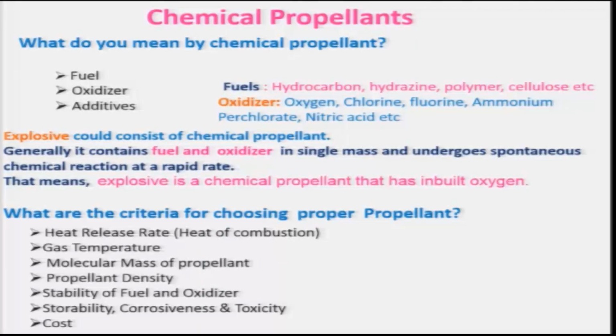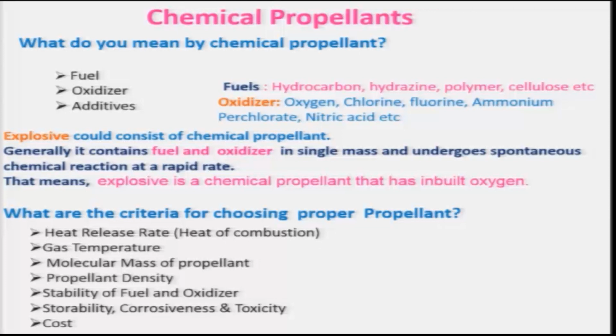And besides this, the fuel and oxidizer should remain stable over a period of time, so that their chemical and physical properties will not change, and it will be easier to store. Also, corrosiveness and toxicity are two criteria to be considered for choosing the propellants.